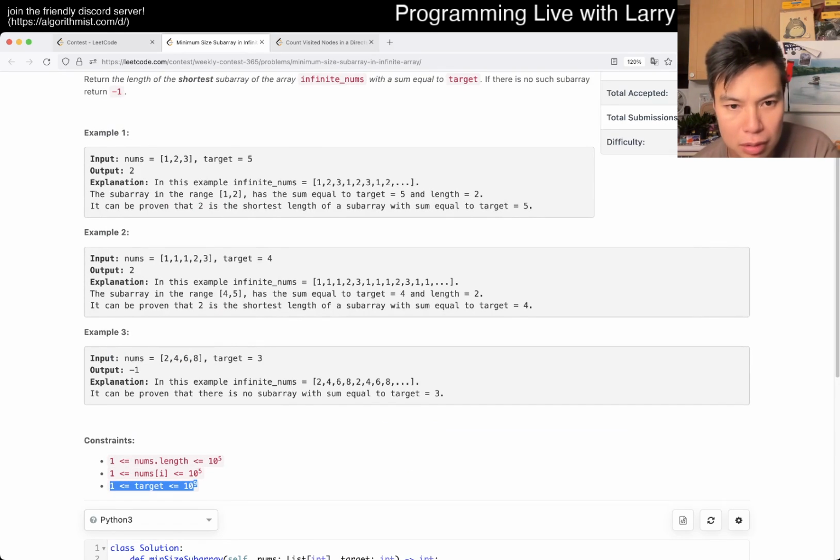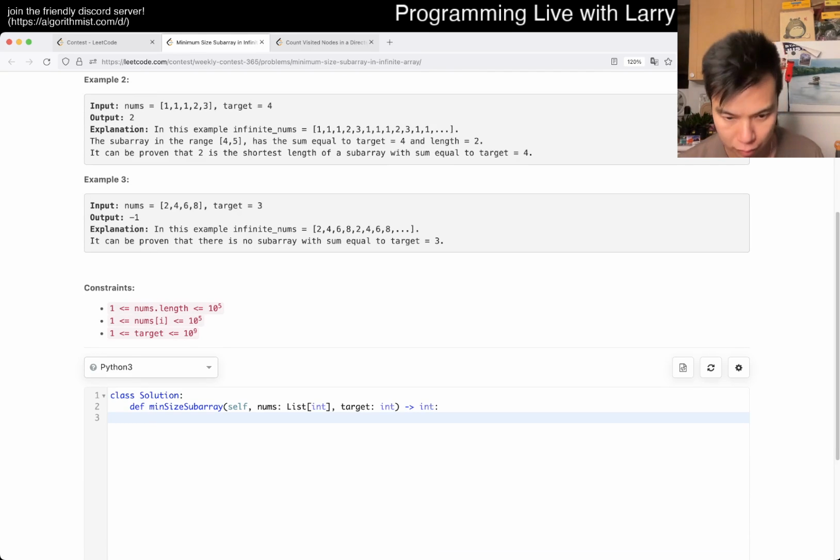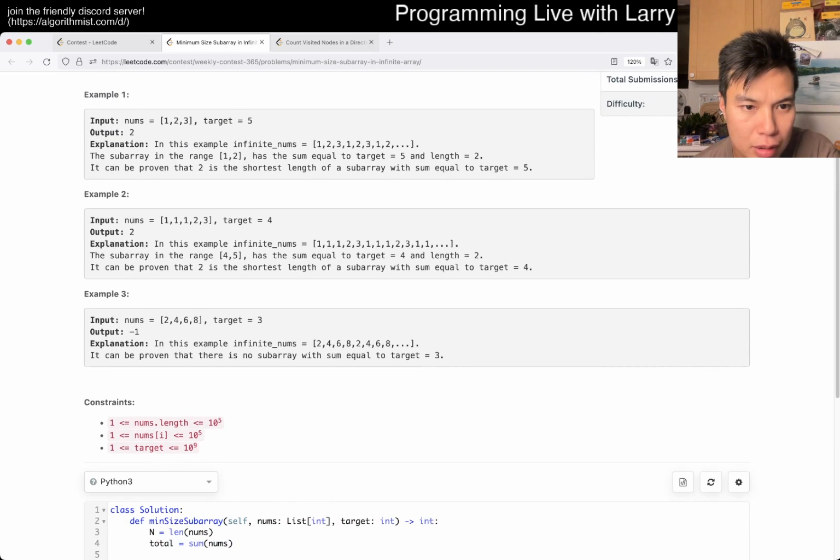I think you can do a per element thing, but it's definitely tricky to get right.